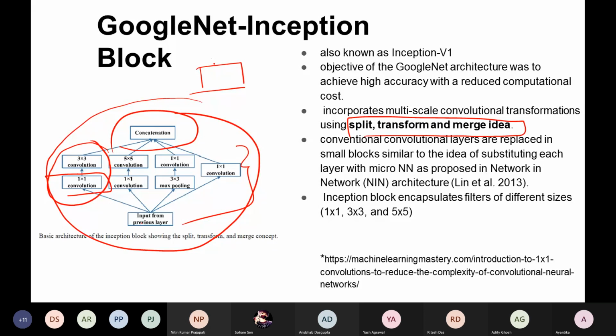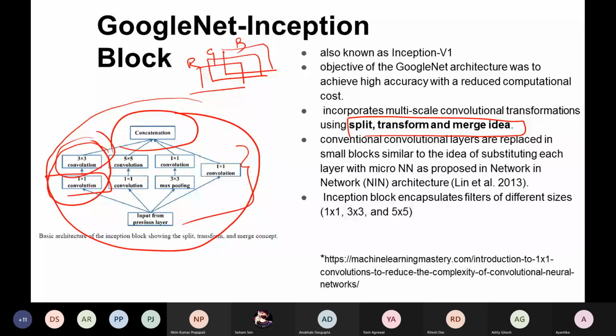We have already mentioned multiple channels: in colored images, especially, we talked about RGB. Through this 1x1 convolution, they fuse these multiple channel inputs, and the other convolutions are applied on top of that. So if you apply 1x1 convolution, you are fusing all the channels.